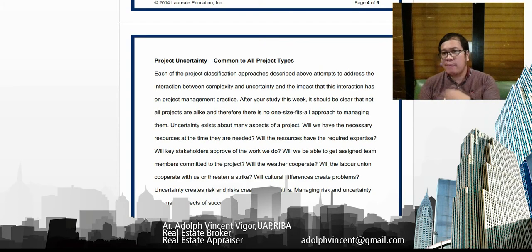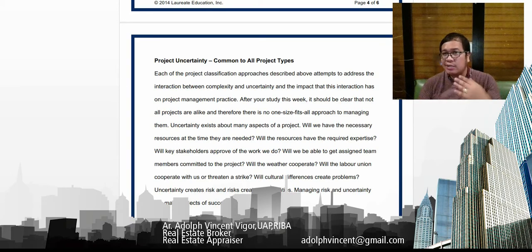Okay, so when you implement a project class, even if it's the same, if you're building a house, for example, in this location, and you build the exact same model in another location, those locations would have different topographies. Sometimes the climate may also differ. The neighborhood may also differ.